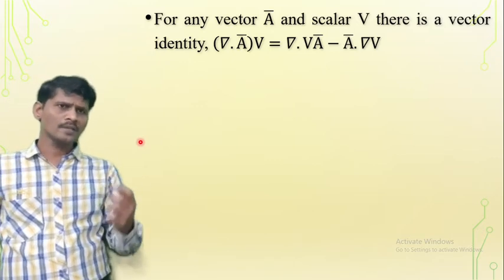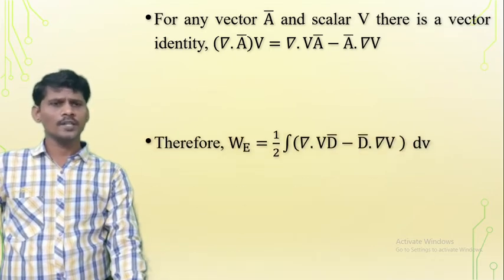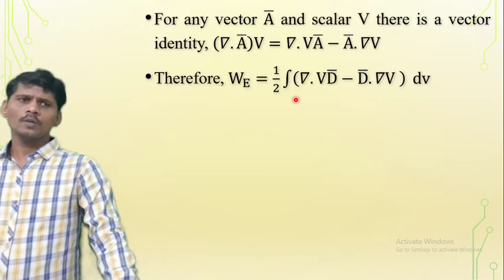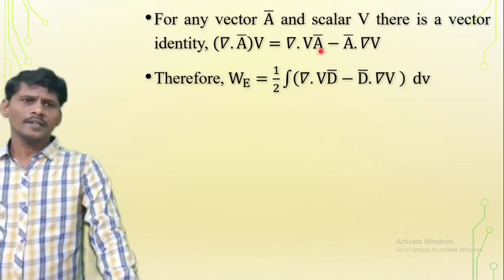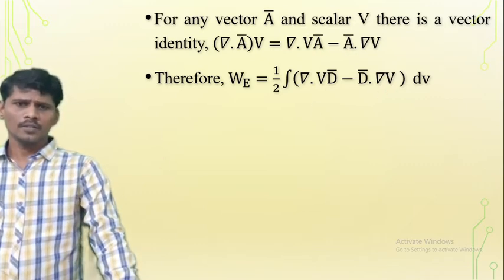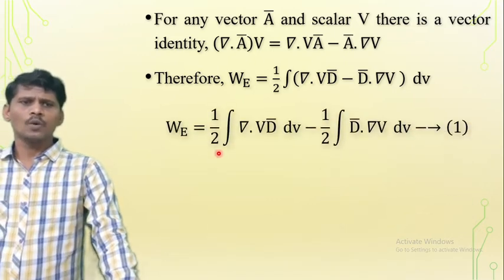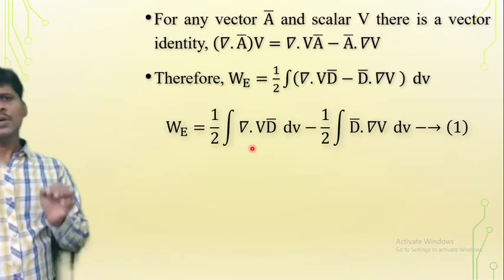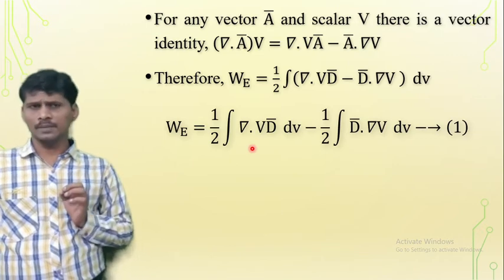Therefore, applying this identity, the energy stored W_E is equal to 1 by 2 volume integral of del dot VD bar minus D bar dot del V. Applying integration to both the terms, we get 1 by 2 volume integral of del dot VD bar dV minus 1 by 2 volume integral of D bar dot del V dV.